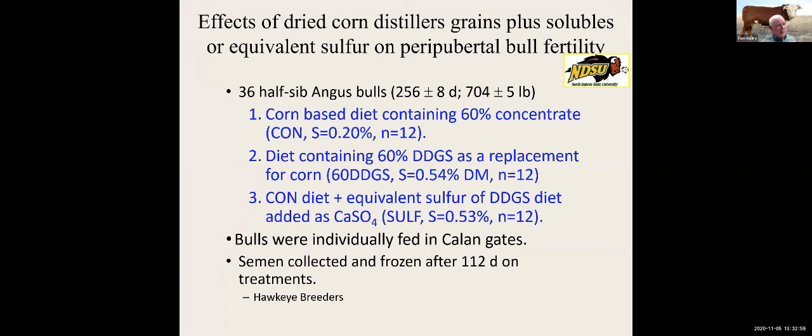Diets were a corn-based diet containing approximately 60% concentrate. It contained about 0.2% sulfur. Diets containing 60% DDGS as a replacement for corn, containing 0.54% sulfur. And then the control corn diet that had an equivalent sulfur added as the DDGS diet in the form of calcium sulfate. Bulls were individually fed in Calan gates.